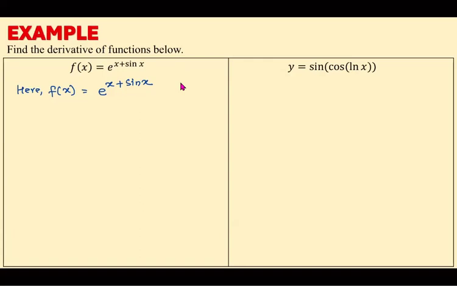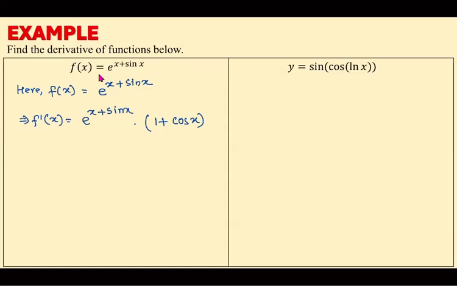So the derivative can be calculated using the chain rule. The derivative of the outside function is e to the x, but we keep the inside the same, so e to the x plus sine x. And we multiply by the derivative of the inside function. The derivative of x is 1, and the derivative of sine x is cosine x. You can see that there is nothing we can simplify after this. So that is the answer for this one.